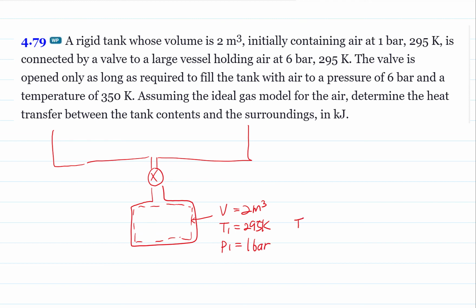The final temperature is 350 Kelvin and the pressure is 6 bar. The fluid is going into the control volume from a large tank, which has a pressure of 6 bar and a temperature of 295 Kelvin. We want to determine the heat transfer between the tank contents and the surroundings.